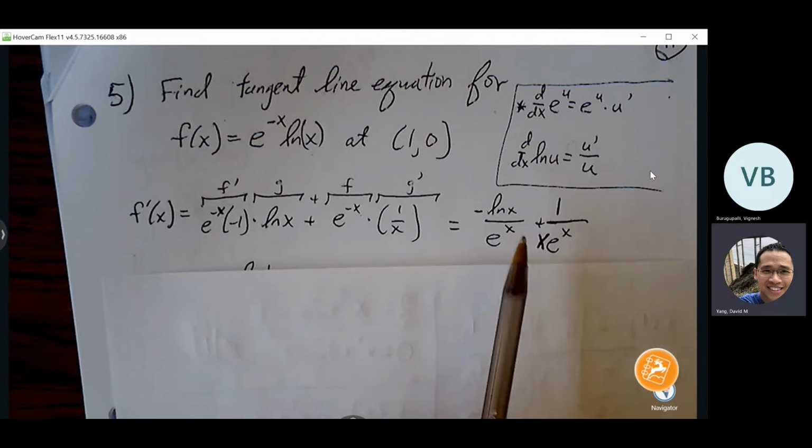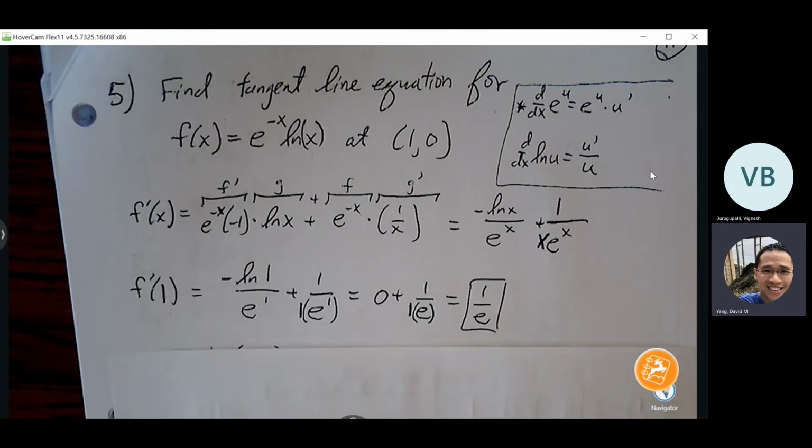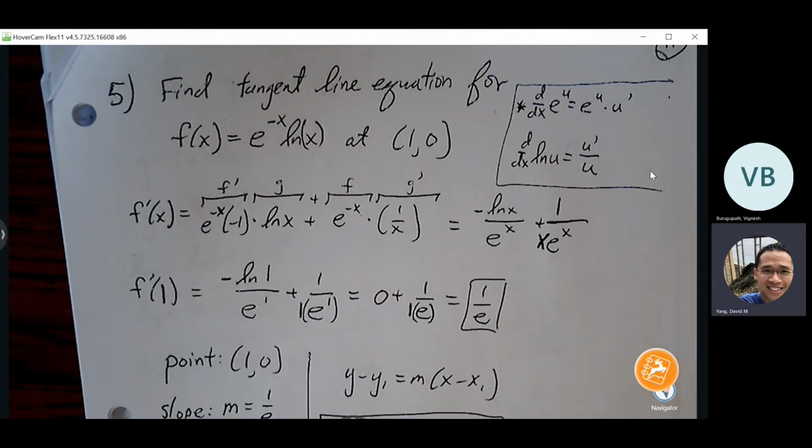Okay, once you find the derivative, are you guys okay up to f prime? You can replace all the x's with 1 and see what you get for your slope. So keep it (1, 0). First one, let's see.